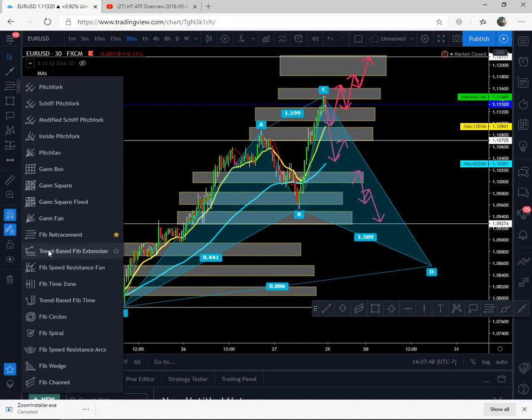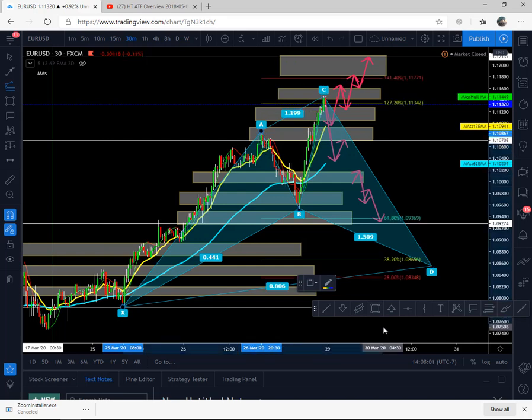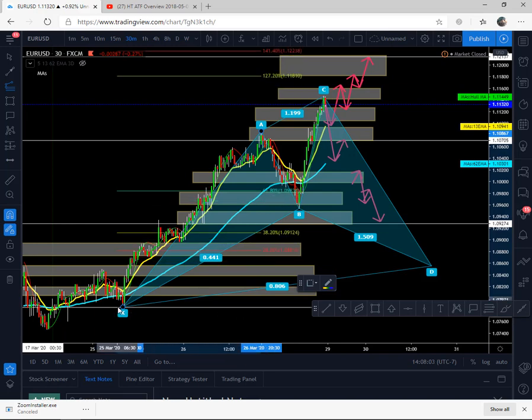To find the C, we use the trend-based fib extension from X to A back to X.